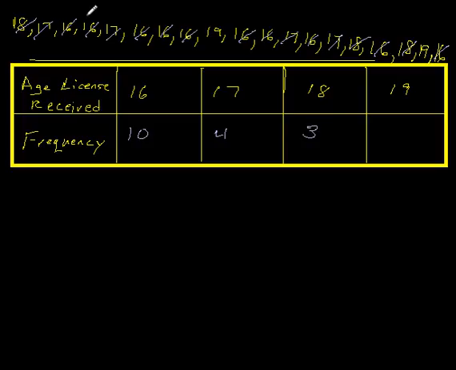And finally 19: 1 and 2. Okay, so now it's making more sense. I can see the list in order here, and I still want to get it into a graph.